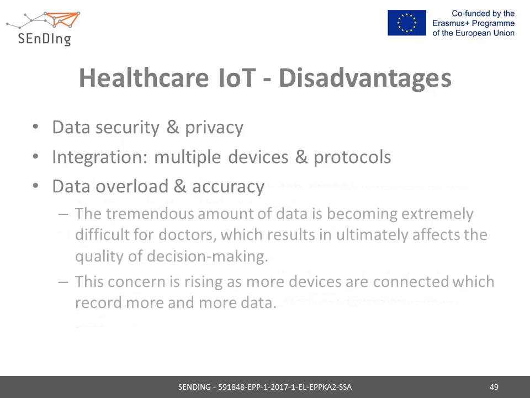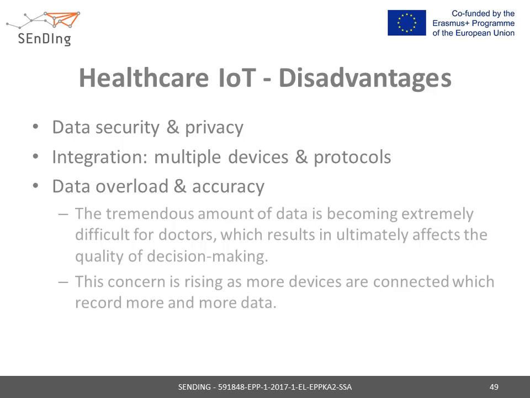Data overload and accuracy. While the data aggregation process is difficult as a result of different communication protocols and standards, the IoT devices still record a lot of data, which are utilized to gain vital insights. However, the tremendous amount of data is becoming extremely difficult for doctors, which ultimately affects the quality of decision making.